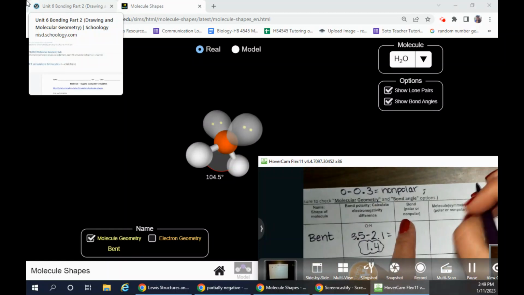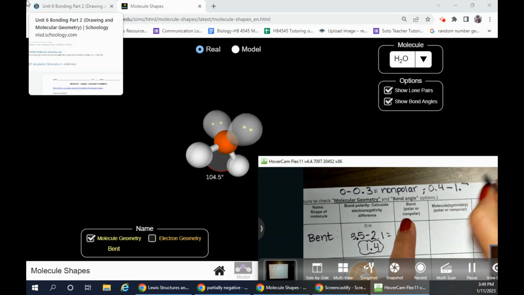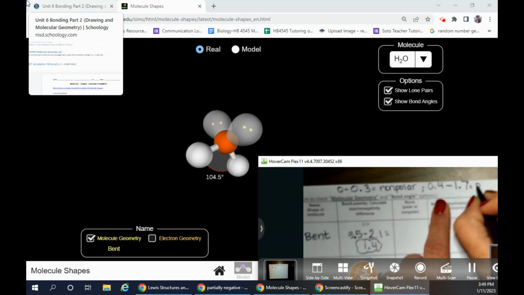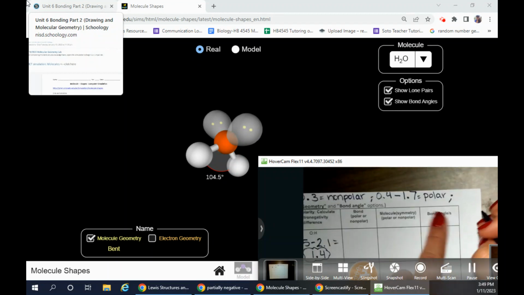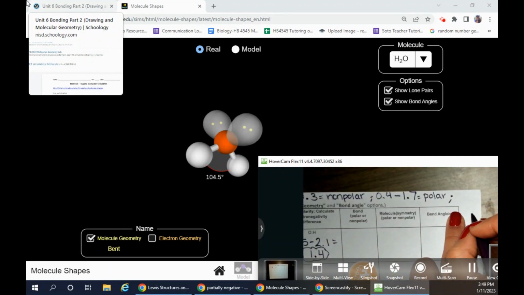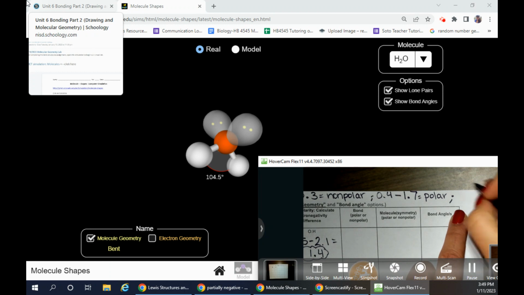Okay, then 0.4 through 1.7, we're going to count as polar. And then bigger than 1.7, what are we going to count that as? Does anybody remember? It's the one where it takes the electron. Nope, with a metal and a nonmetal.